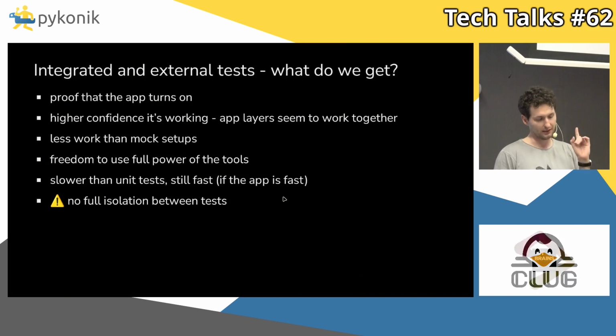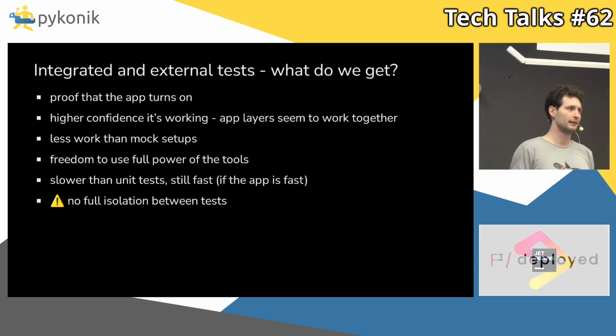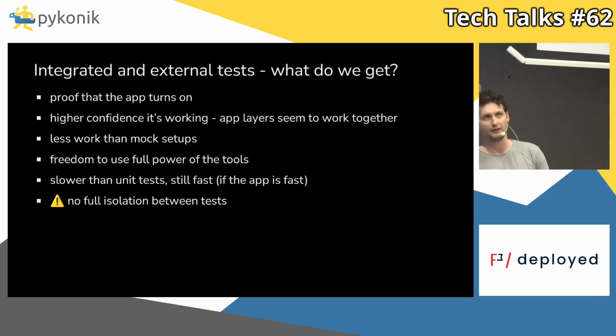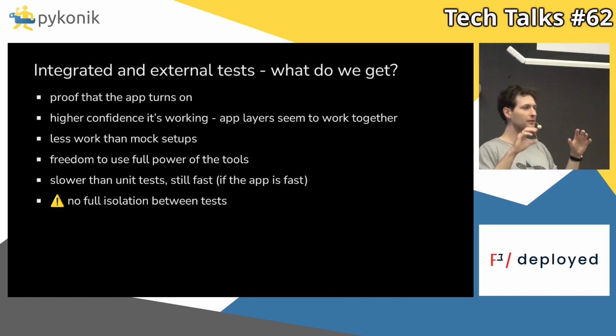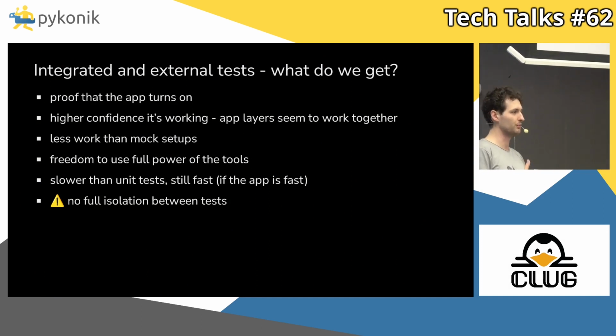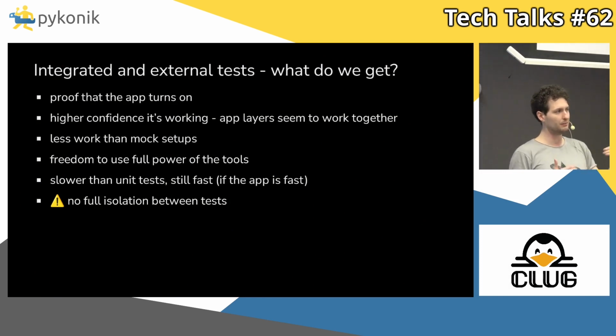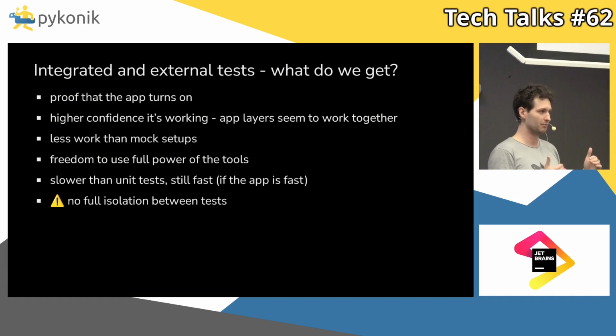Right, but another cool thing that they give us over unit tests is the freedom to use the tools that we want. Because oftentimes, when you write unit tests, for example, with Django or some other standard web framework, we don't actually talk to the database, and we can only use the features of the database that the framework supports, which is often very limiting, because there are things you can do at the data layer that's gonna cut down development time by a lot.